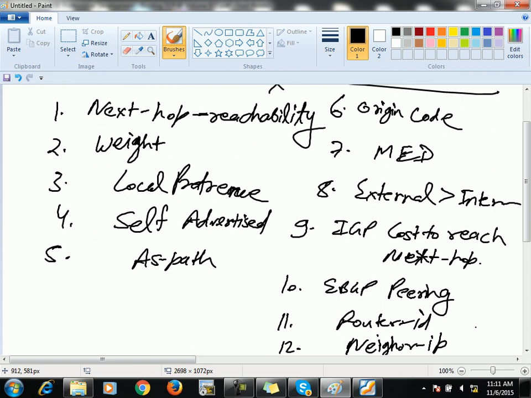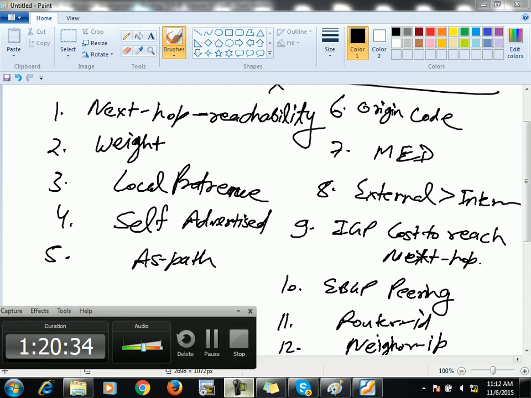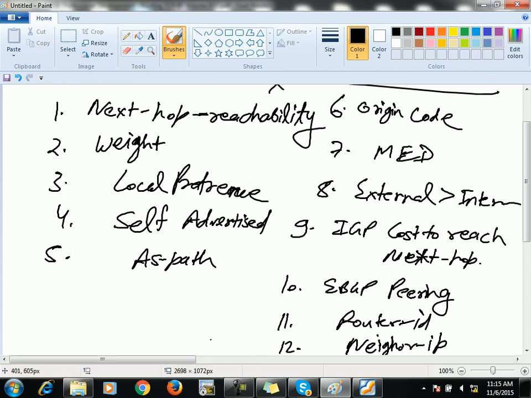By default, weight is 0, right? Fine. So I was talking about weight. So it will be comparing weight. If weight is equal, then it will be comparing local preference.